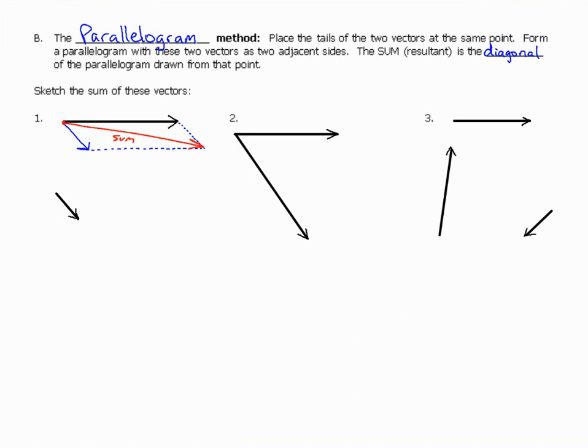For number 2, the 2 already have tails at the same point. So we don't have to move one. We just need to go ahead and draw our parallelogram. So here's a dotted line. That's approximately the length of the other one.